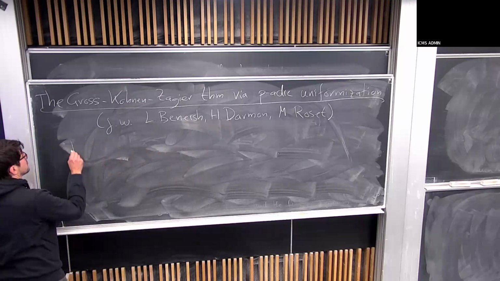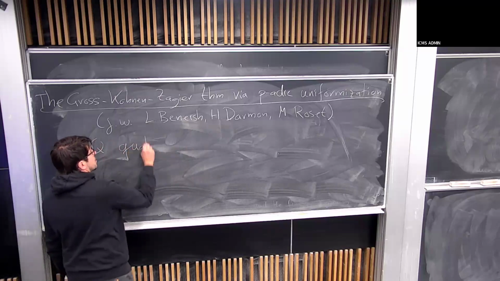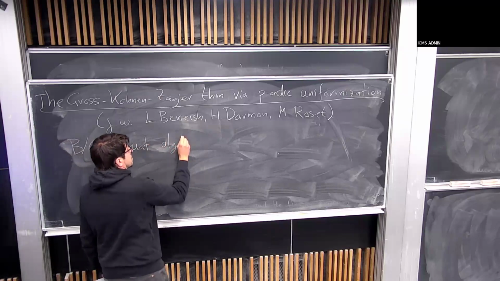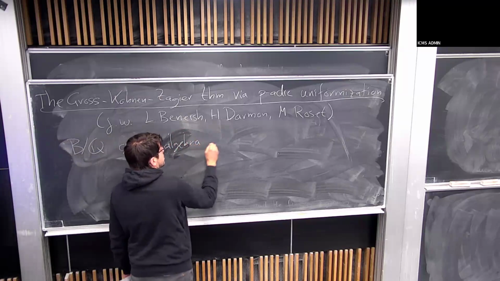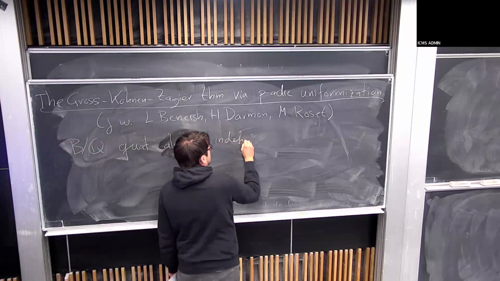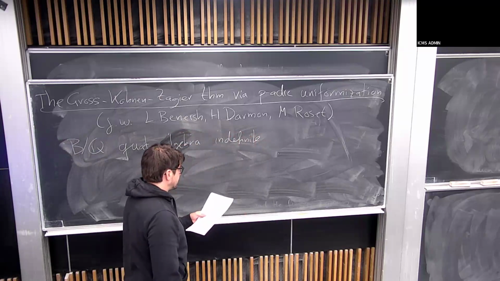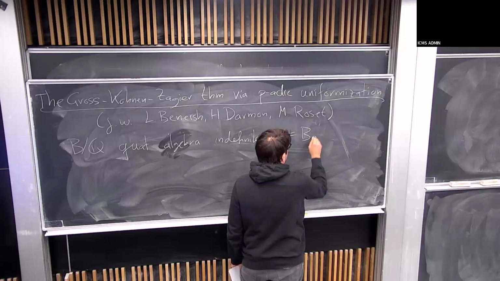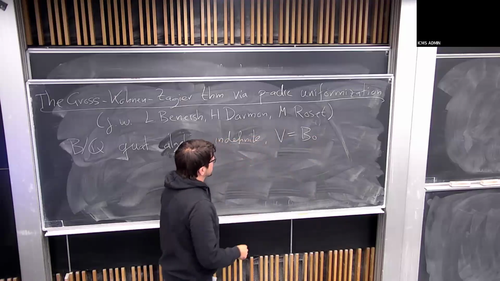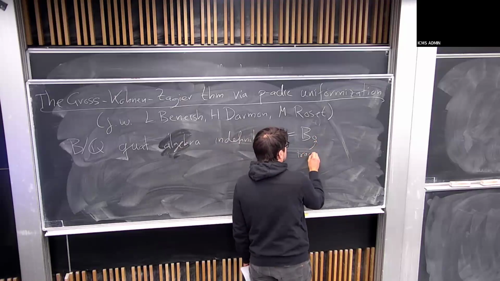So I start with B, a quaternion algebra over Q, that is indefinite. So you can think about the matrix algebra for the moment. V will be the space of elements of trace 0.